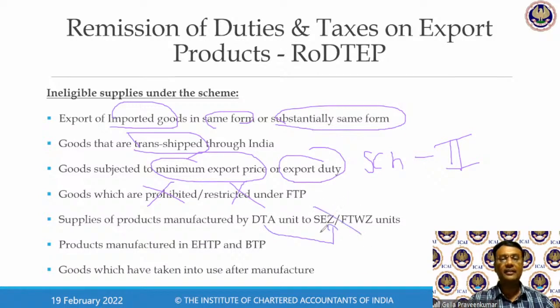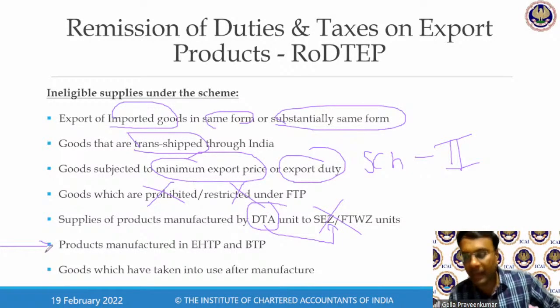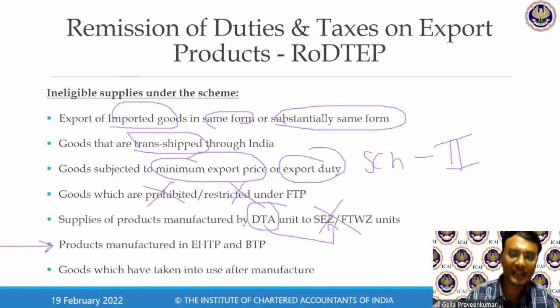Now, SEZ or FTWZ, they don't pay any duties or taxes, and similarly this DTA is entitled for a refund of those taxes. Accordingly, this supplier cannot claim a benefit under this scheme. Similarly, goods manufactured in an electronic hardware technology park or biotechnology park. Now, these particular industries cannot enjoy the benefit.